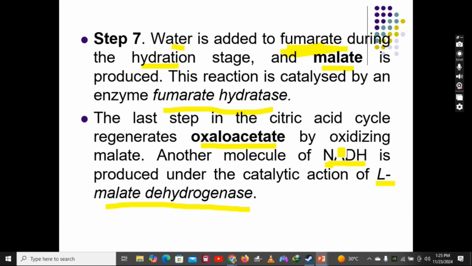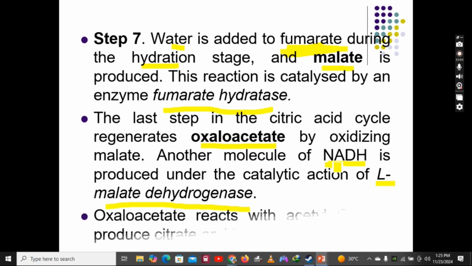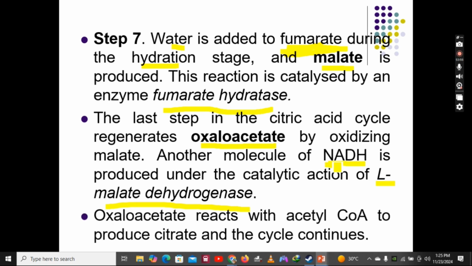Lots of NADH and FADH2 are produced in the TCA cycle, while just a molecule of ATP is produced. So the oxaloacetate, like I said, goes on and reacts with the acetyl-CoA and produces citrate, and the cycle restarts again.